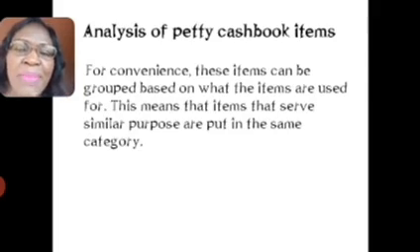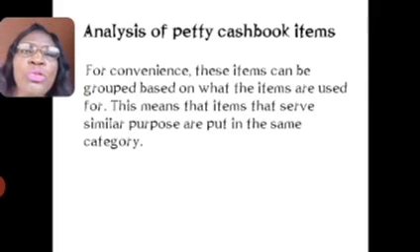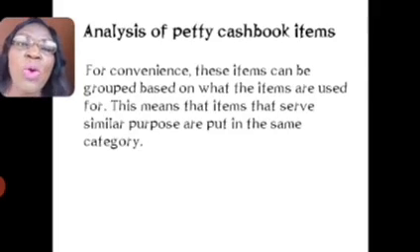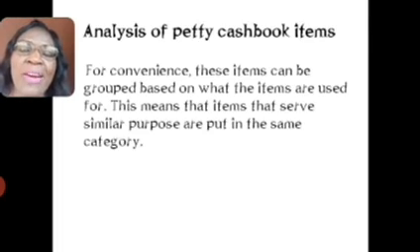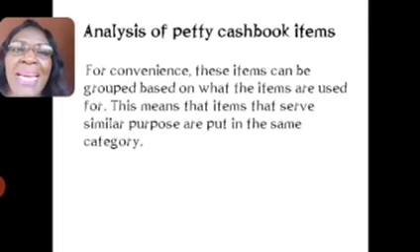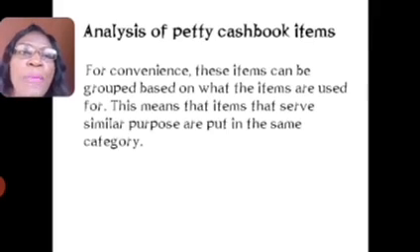But the petty cashier cannot continue to write these items one by one. When he buys 20 naira worth of pen, he will go and record it. He used to analyze these items for convenience's sake. So these items can be grouped based on what they are used for.